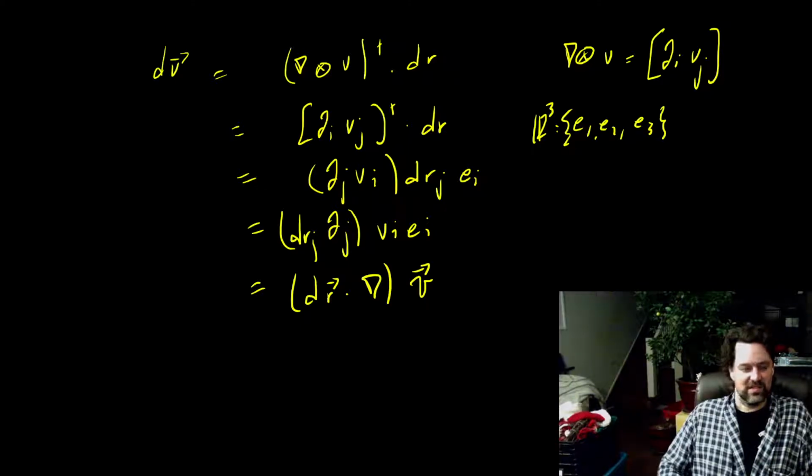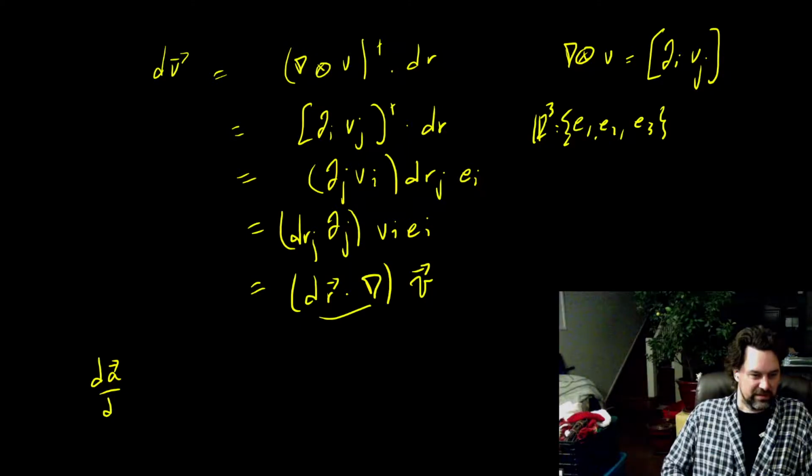This is like a component of the convective derivative. So if we take a function, let's say take the derivative of A with respect to time, where A is a function of r and t, well, what is that?